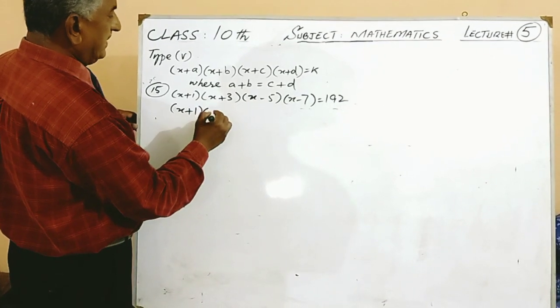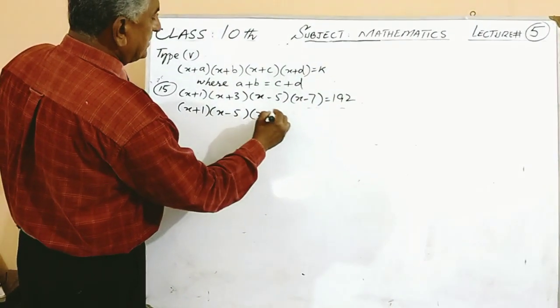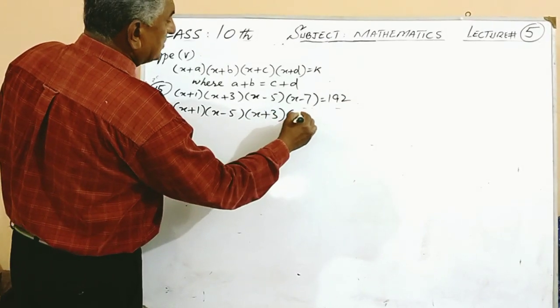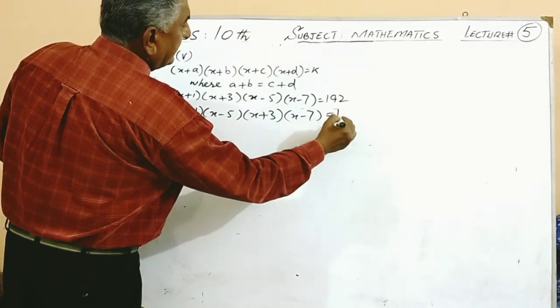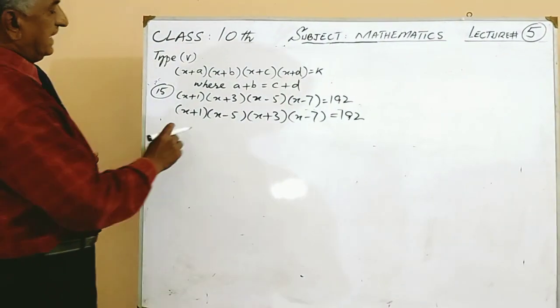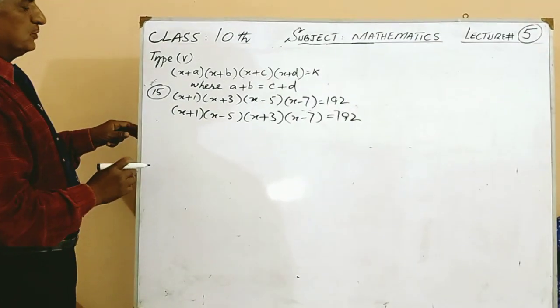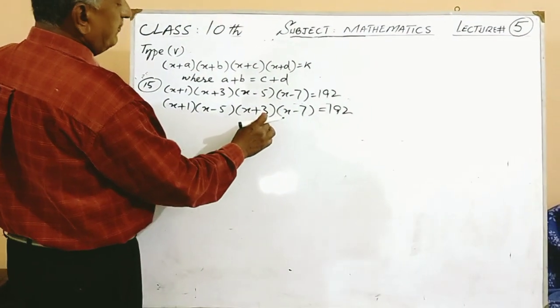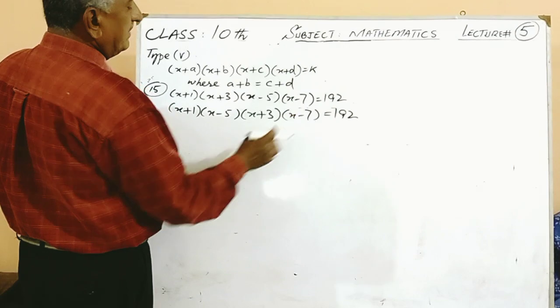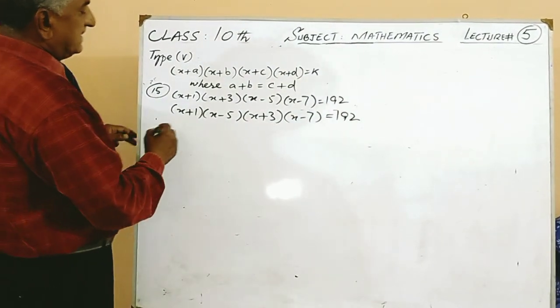So x plus 1, x minus 5, x plus 3, x minus 7. Now this is arranged. Now you can see that the sum of 1 plus minus 5 is equal to minus 4, and the sum of 3 and minus 7 is also equal to minus 4. So we can start the question.